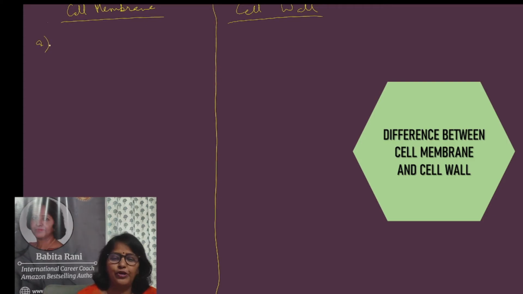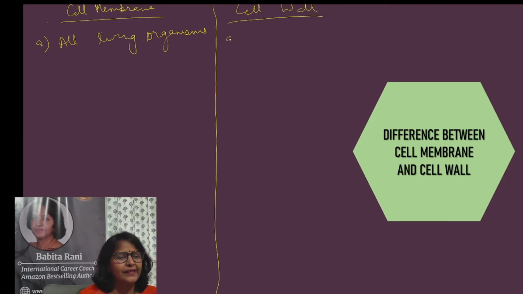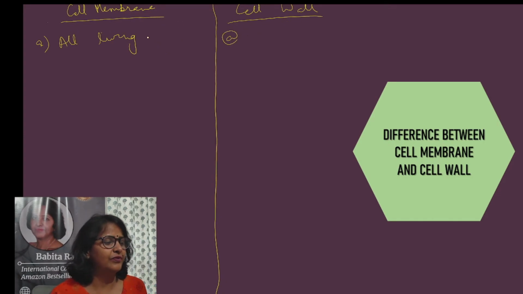The first point of difference is this is present in all living organism. I am writing only the bullet points. You should write in full sentence. What will we write here? All living organisms. What we will write over here? This is present only in plant.